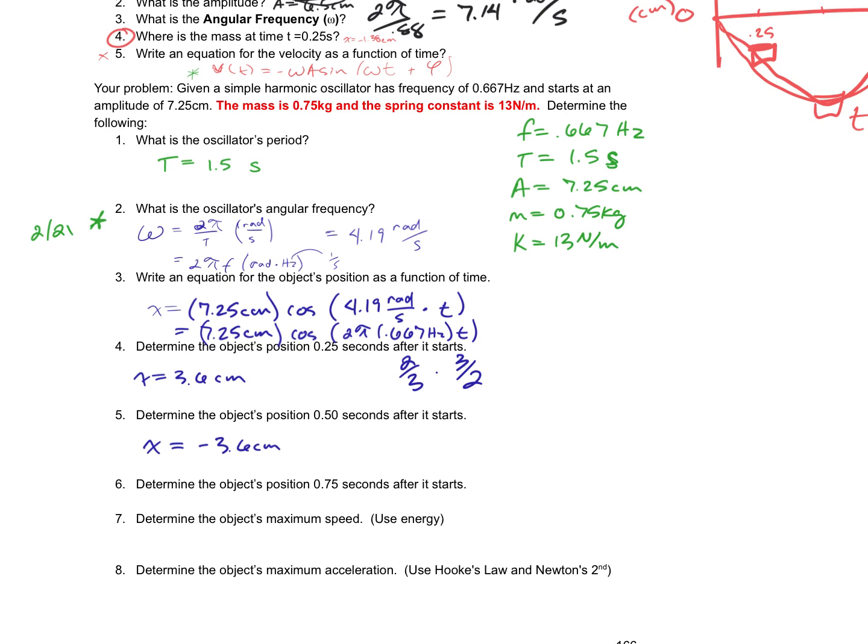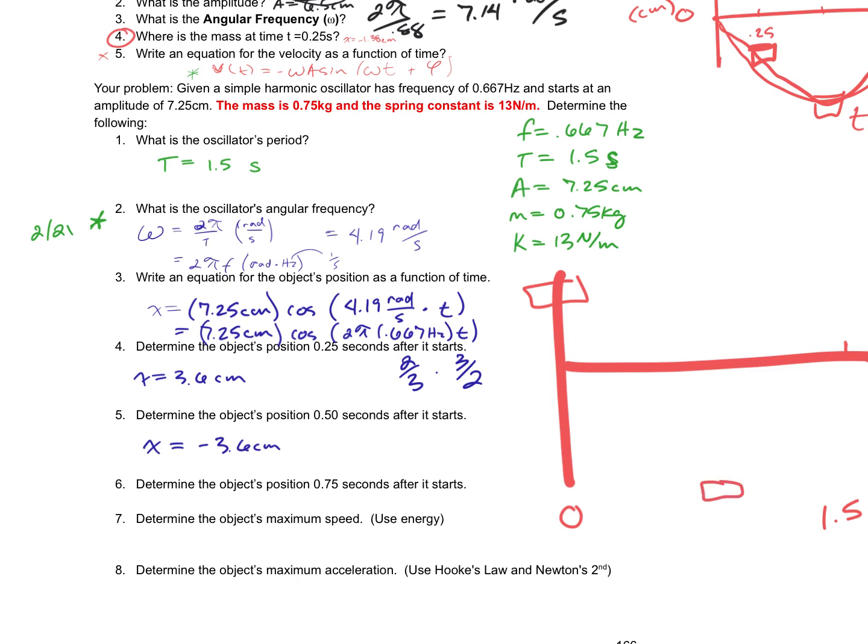So the last thing to think about before we do question 6 is, let's look at the position over time. So if this is time 0, and we'll make this the 1.5 seconds, the object is going to oscillate from here all the way down, and it will return to its peak at the completion of one full period.